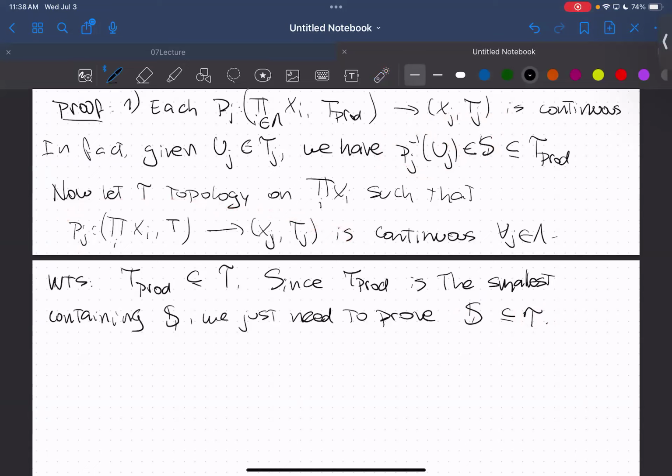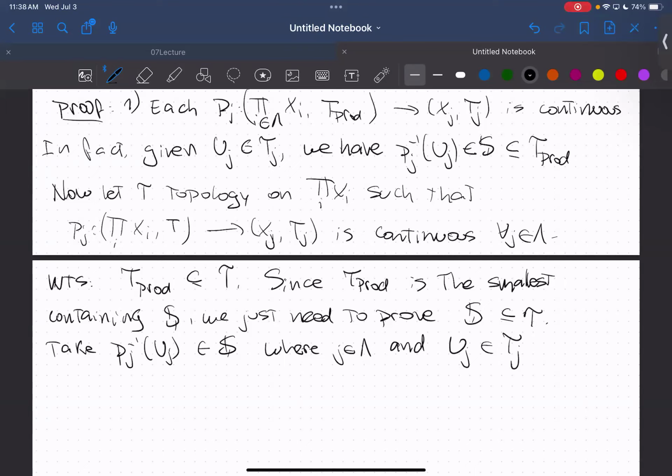So if you take an arbitrary uj, so pj inverse of uj in S, that's how elements in S look like. Here, j is an arbitrary index and uj is open in xj.